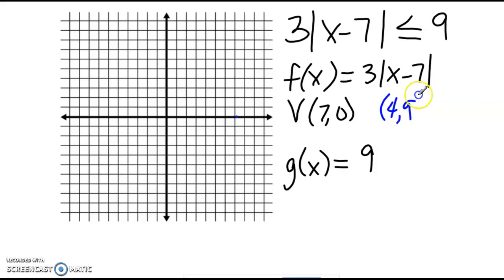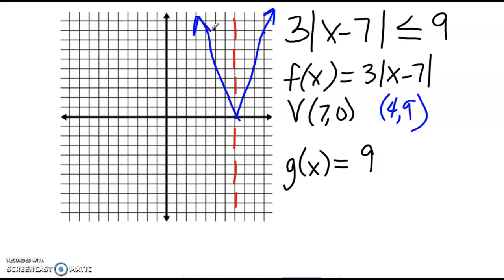So I'm going to get the point 4, 9. And then I'm going to reflect that over this dashed line. There we go. I can draw my absolute value function there.